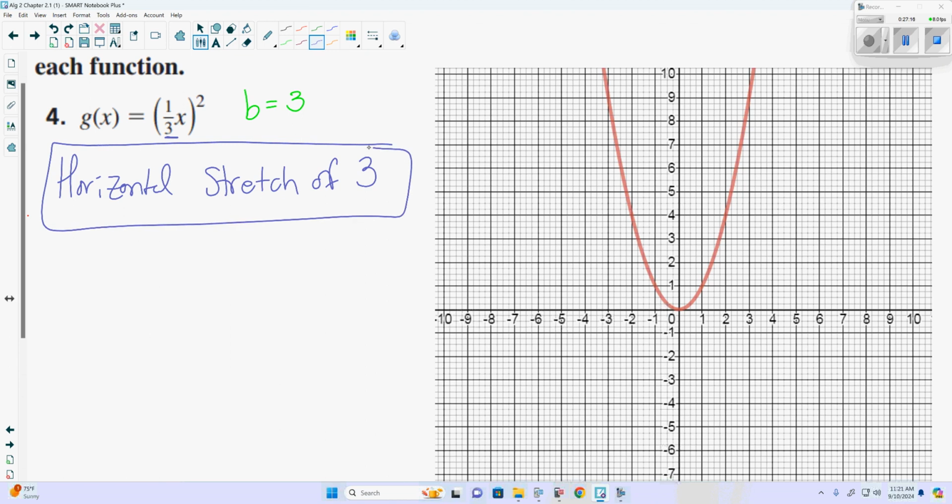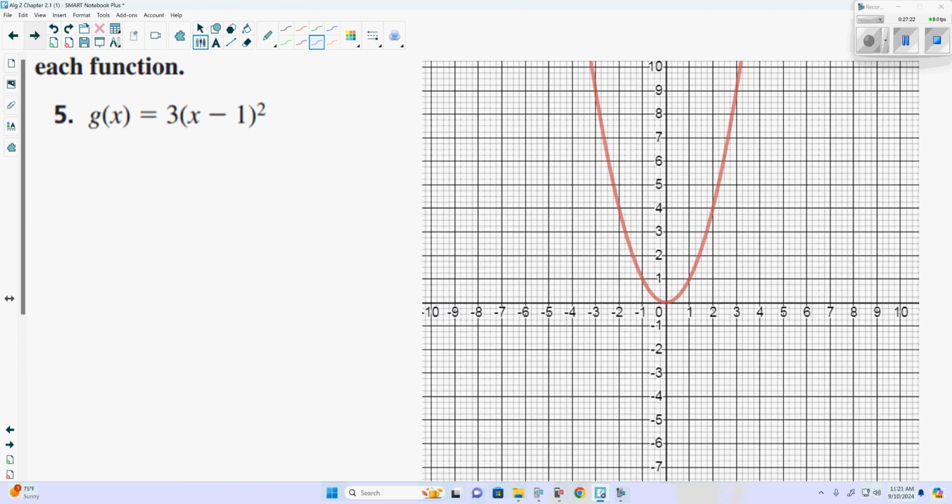That's it. Questions on this here? This one we do have two transformations. We have the multiplication of 3 and the x minus 1. We can do the x minus 1 first. X minus 1 tells us we're moving it to the left or to the right.